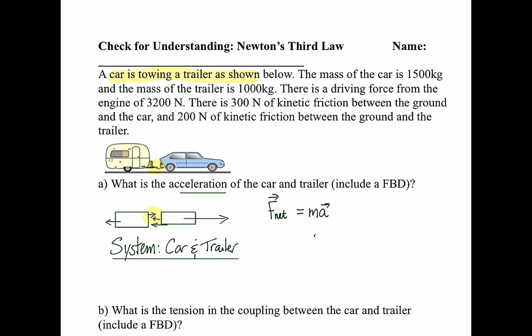So the net force is the sum of all the unbalanced forces. Well, what unbalanced forces have we got? We've got the applied force forwards, and we've got two kinetic friction forces, both backwards. And the tension forces are not there anymore because they have cancelled each other out.